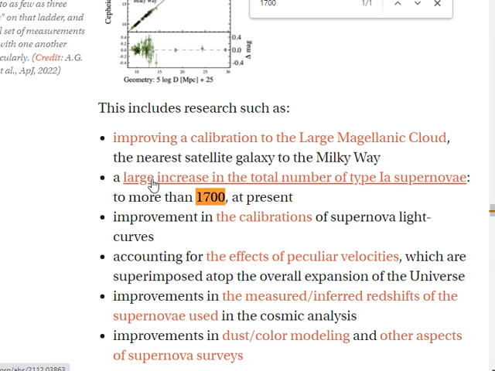So, for instance, let's look at this article. It says a large increase in the total number of type 1a supernovae, and find out maybe if they are using this number 1700 and dividing by the square root of 1700 to get their standard error.